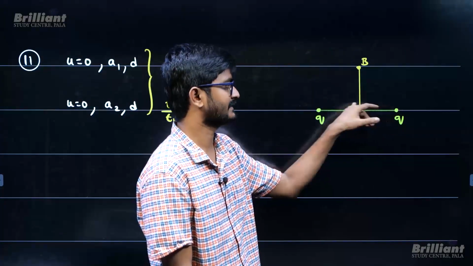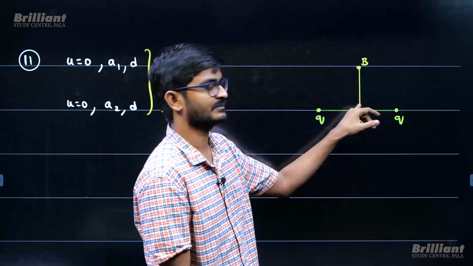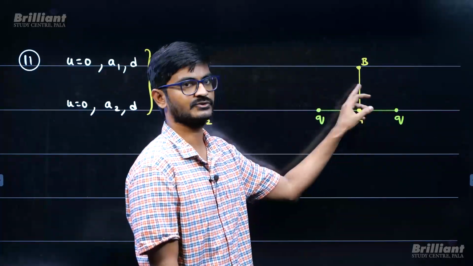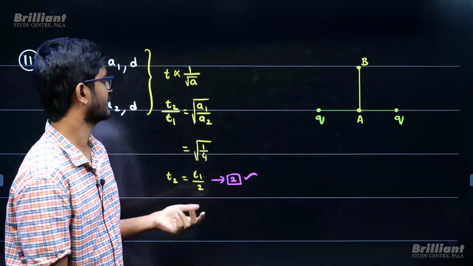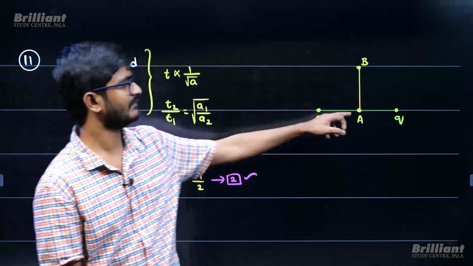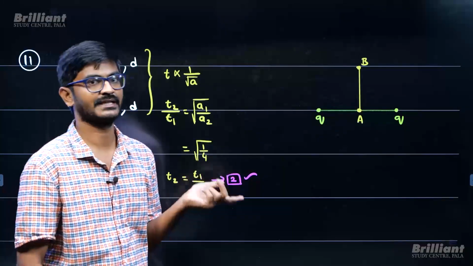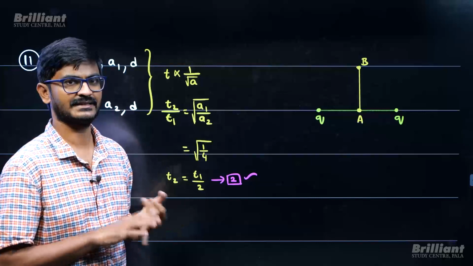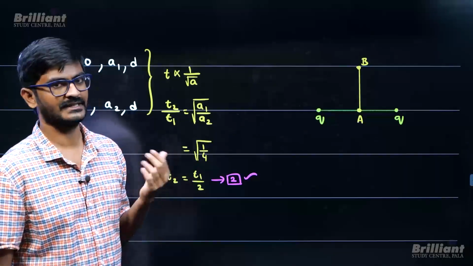How much difference will the force be? Here the distance remains the same, but the charge becomes 4 times. So the force is going to become 4 times. Individual forces are becoming 4 times, so the component is also going to become 4 times, and the distance traveled is the same. By dimensional analysis, the time has to depend on initial velocity, acceleration and distance traveled, but initial velocity is 0.